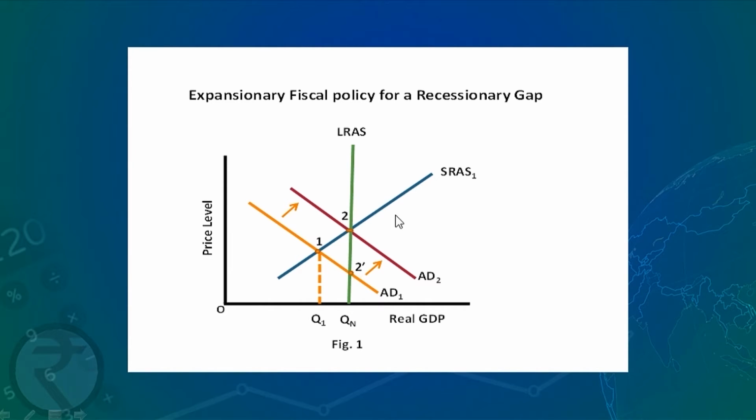Some economists said that if the short run aggregate supply curve shifts to the right, then also we can achieve the equilibrium 2 dash and the output will be OQN. But according to Keynes, it does not happen because there are certain bottlenecks. So, the short run supply curve does not shift to the right, and we can bring the economy out of the recessionary gap by adopting expansionary fiscal policy, leading to a rightward shift in the aggregate demand curve.